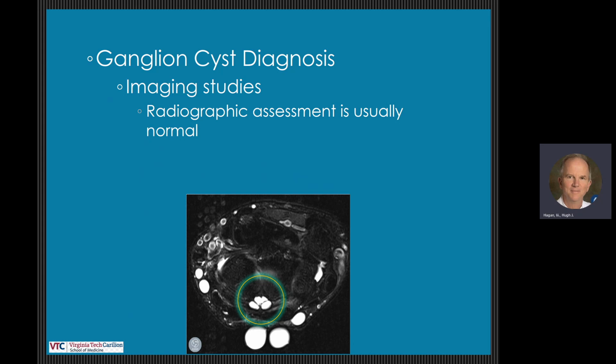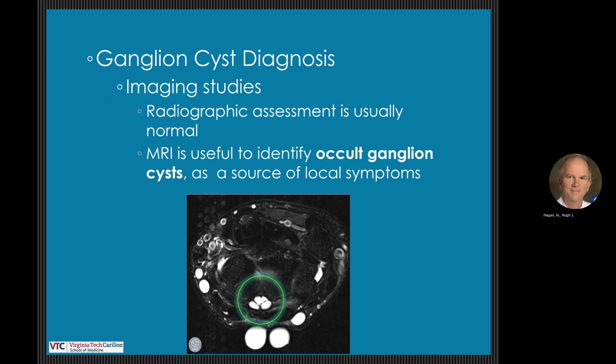Radiographic assessment is usually normal unless the cyst is associated with arthritis. MRI can be useful to identify occult ganglions as a source of local symptoms, particularly on the dorsum of the wrist. And ultrasound is becoming a more useful tool for assisting in the diagnosis of ganglion cysts.